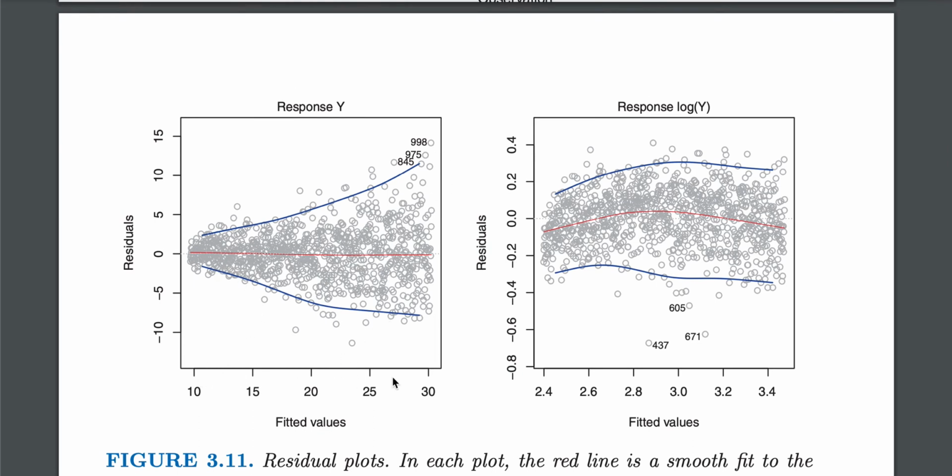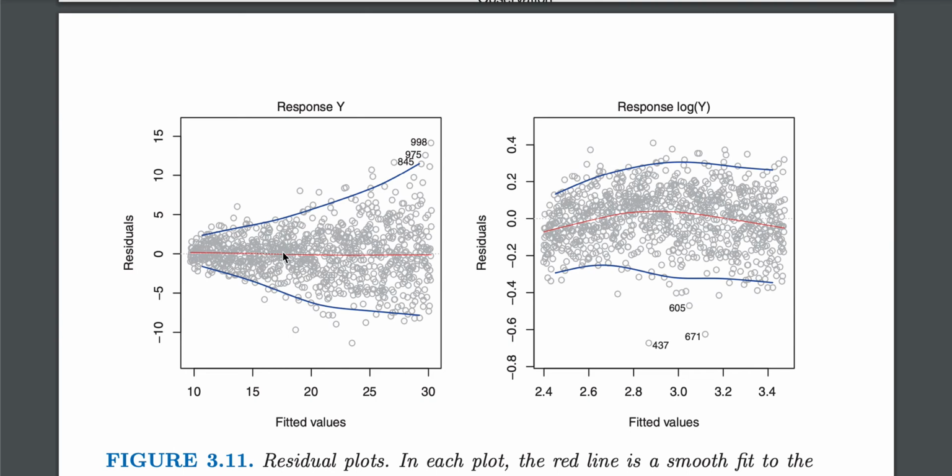Here we have the fitted values and the residuals. Each circle corresponds to one data point. And as we can see, the residuals are more or less equally spread around 0, regardless of the fitted value.